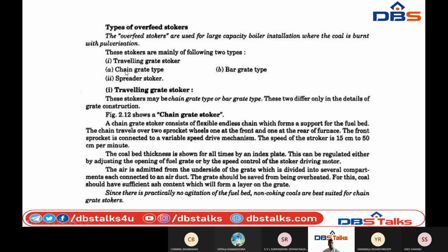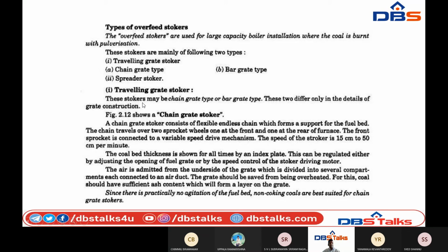In this class, we will discuss the chain grate and spreader types. The traveling grate stoker may be chain grate type or bar grate type. These two differ only in the details of grate construction.